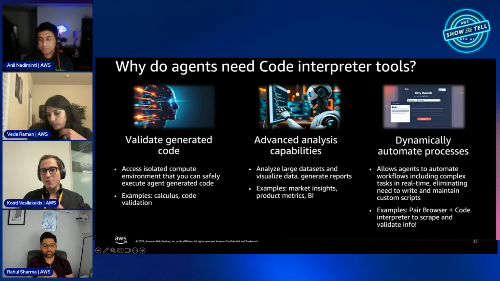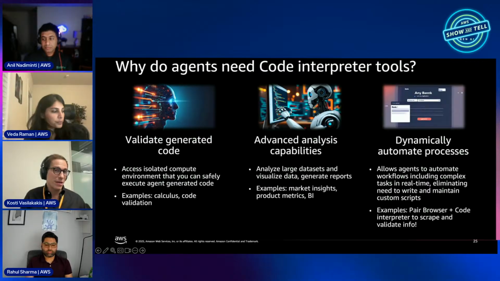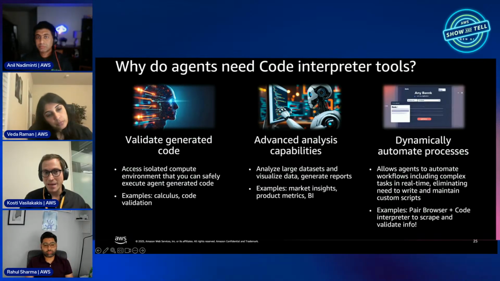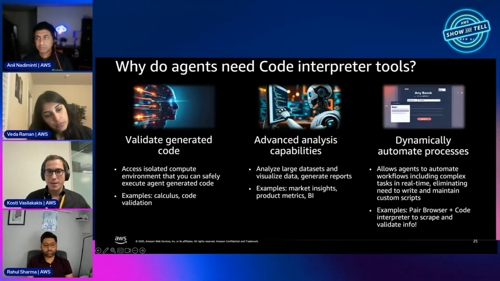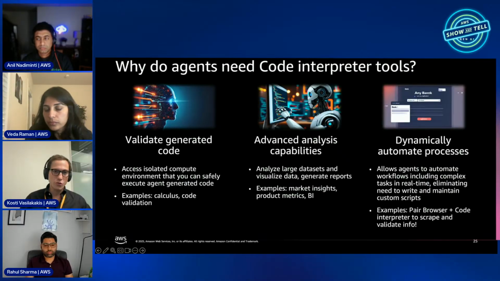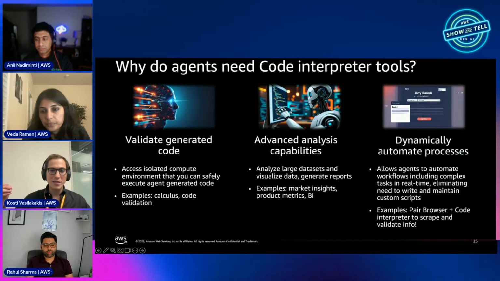If they run that code in the same hosting environment that the agent is hosted on, there is danger that this will lead to bugs that will bring down the agent. So when someone needs to validate that agent-generated code actually works, they can dynamically spin up a code interpreter environment, an isolated, low latency environment, so that they can run the code as needed.